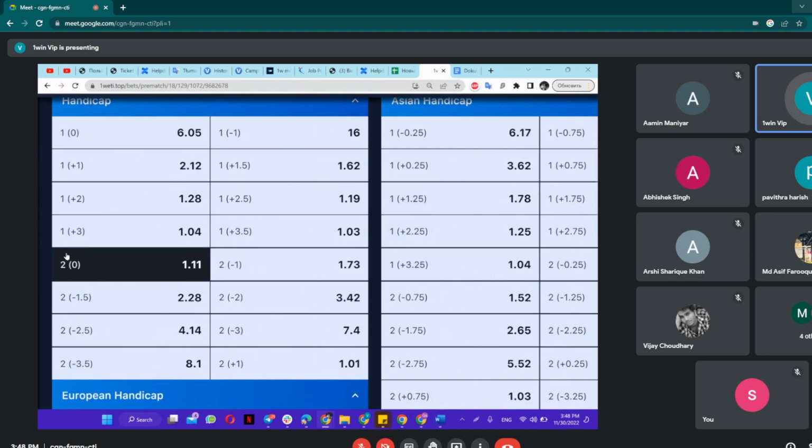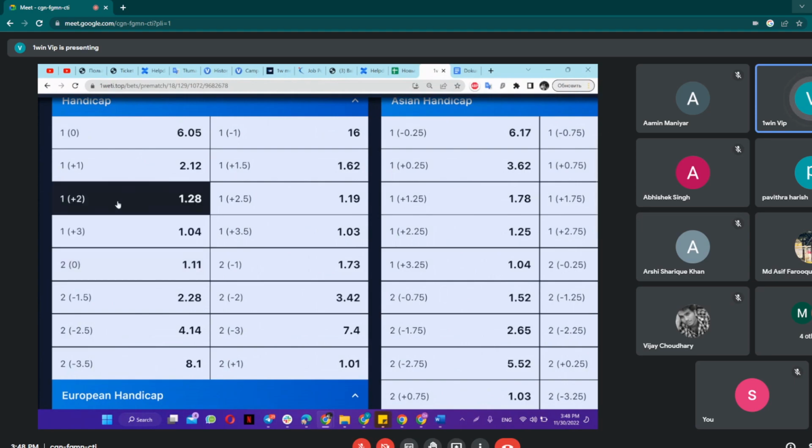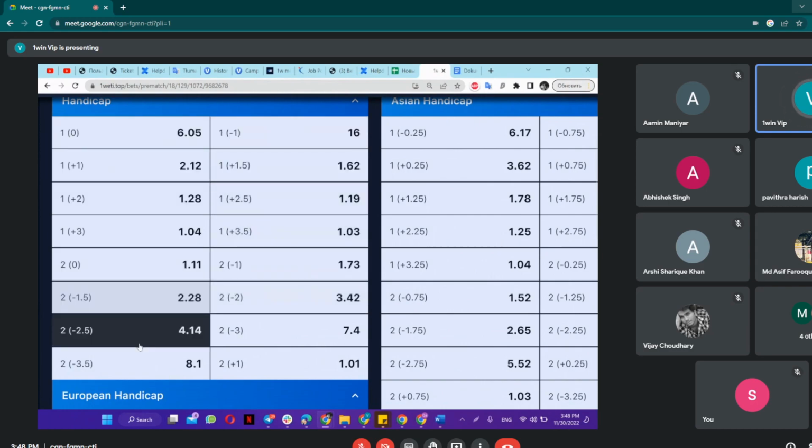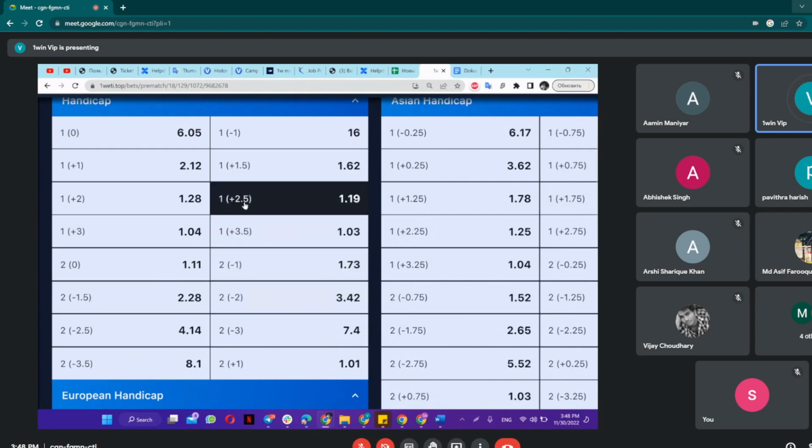So let's take a deeper look into these bets with an example. Let's suppose we bet on handicap 1 minus 2.5.